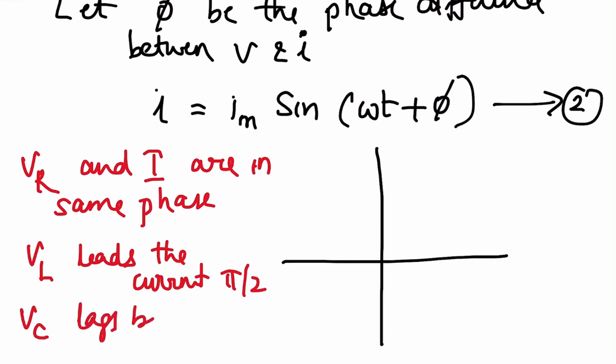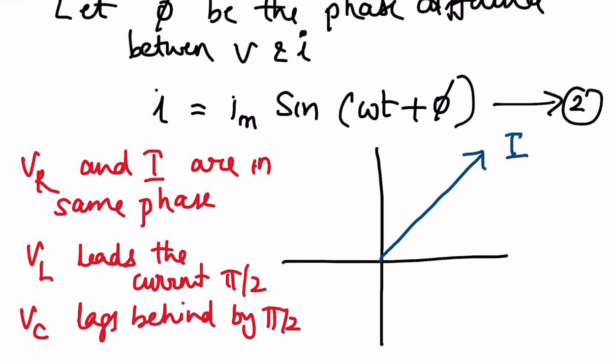Now listen carefully. Let us take the current vector first, like this. Because current is common to all of them, this is the current vector. Now, as per the first point, the voltage across the resistance and the current are in the same phase.